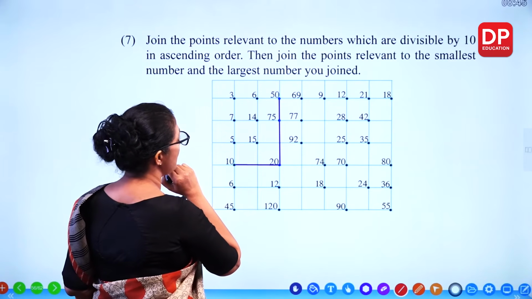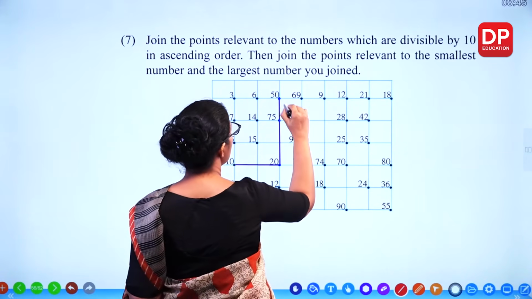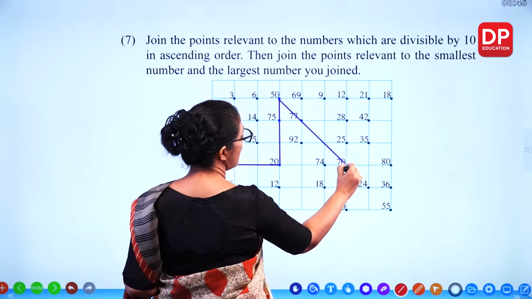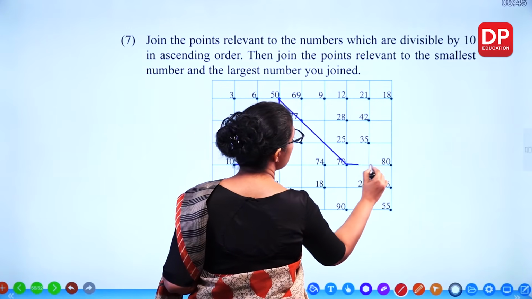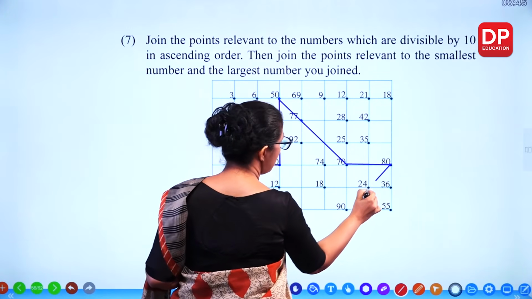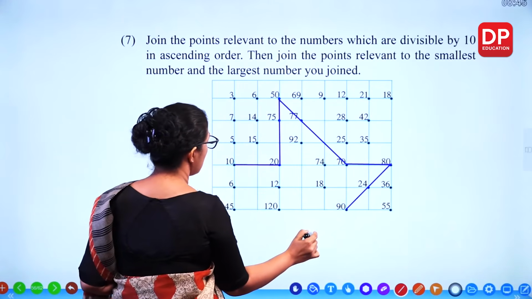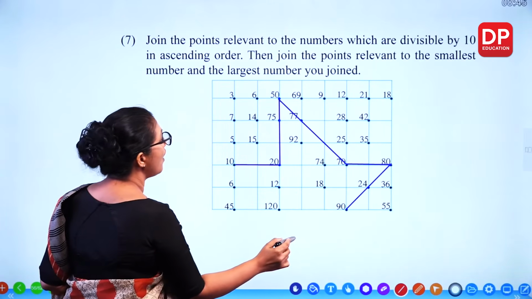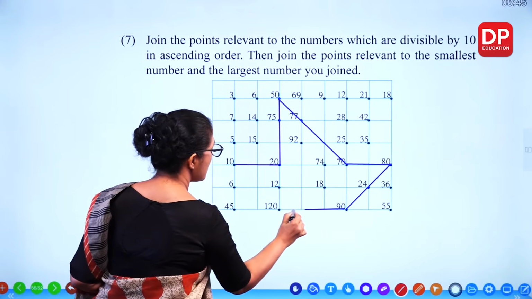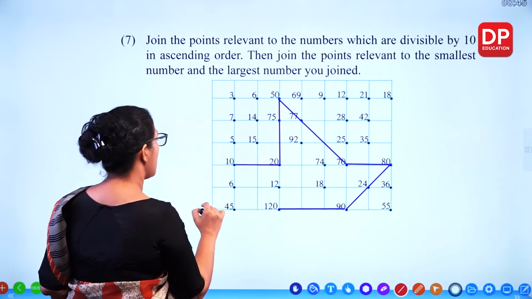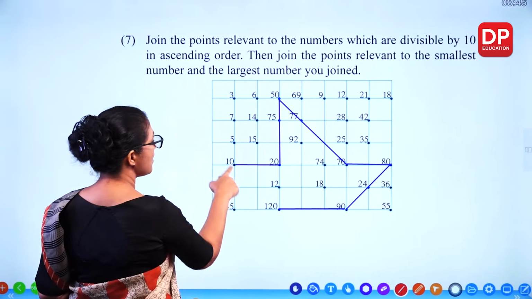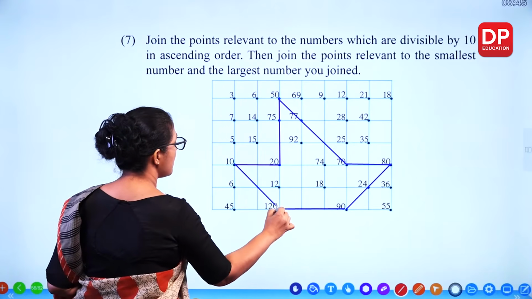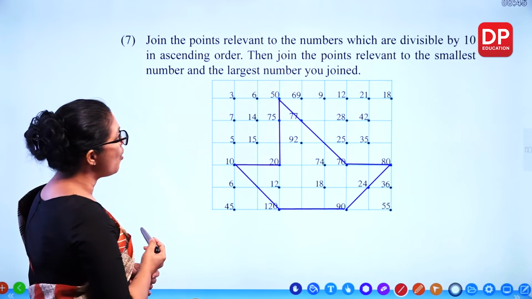And 70. 80. 90. Then 120. And that's the largest, and this is the smallest we can join. So this is a boat.